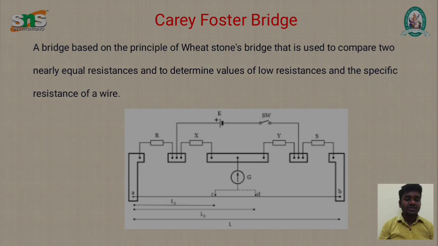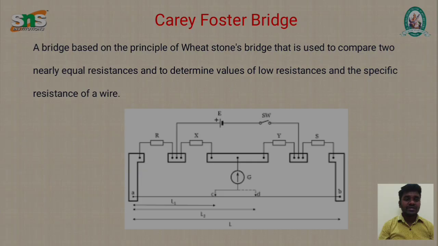In between there is a 1 meter wire connected, that is the Carey Foster Bridge setup. And one end of the galvanometer is connected with the jockey, and the other end is connected in between X and Y resistance. So this is the experimental setup for Carey Foster Bridge.